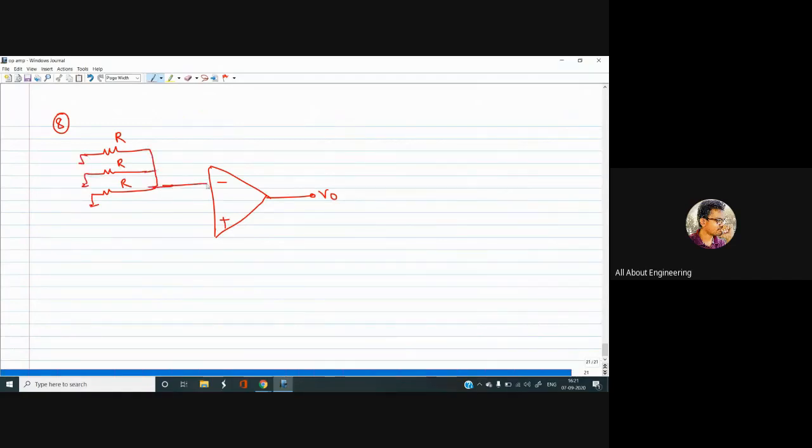And here there is one more resistance of value R. And here I am applying my input, again R here. Here I am applying my input V1, and here again it's like R, R, R. So this is the circuit.